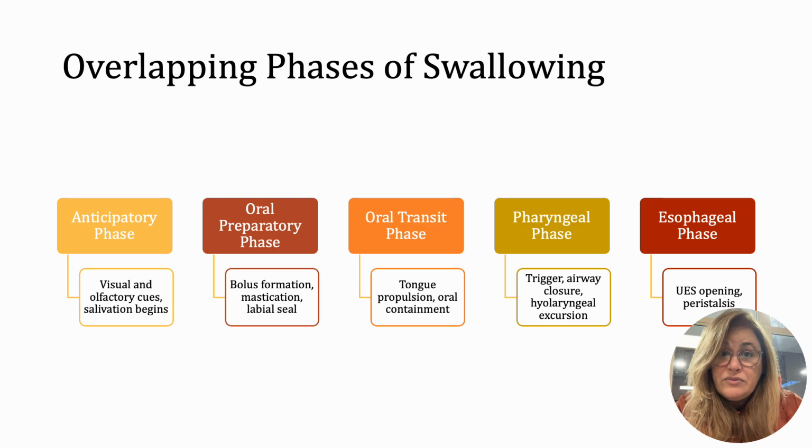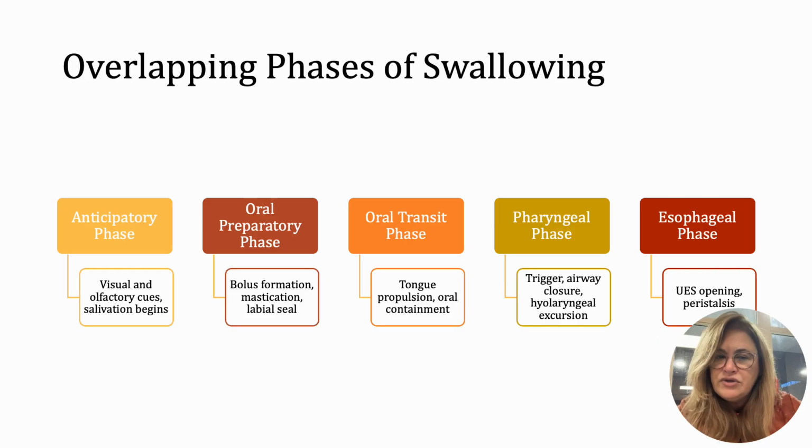One of the things that we're going to be looking at is how the oral phase is or is not related to the preparatory phase, because some people are always saying, oh, I think that is when you put the tongue down, when you put the tongue up.